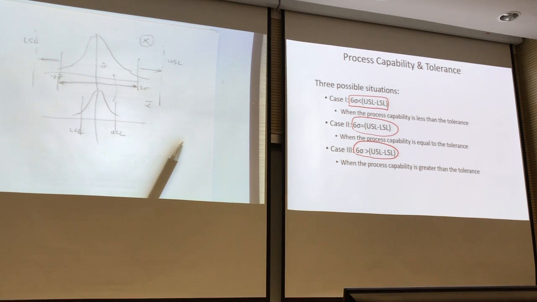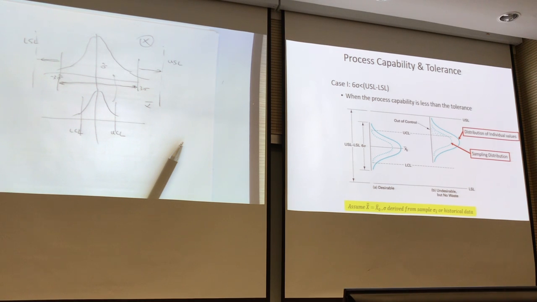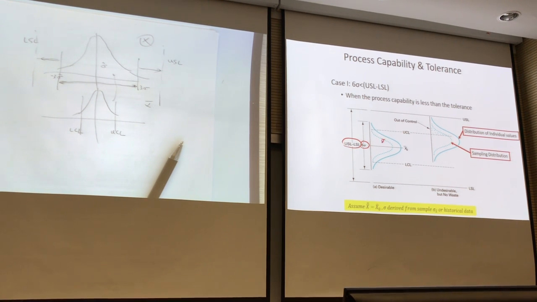So I plot this picture out. Originally this is where we are, this is the process spread, this is x bar, this is x. So this is the relationship there.